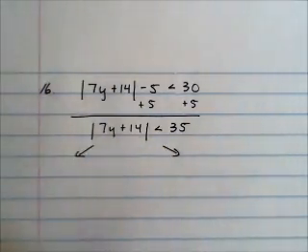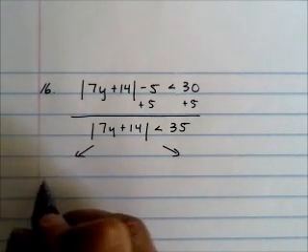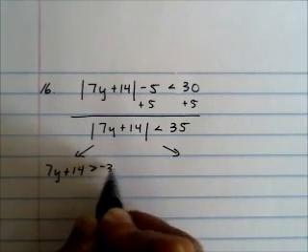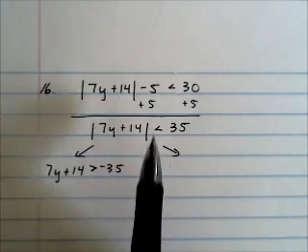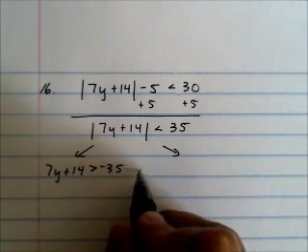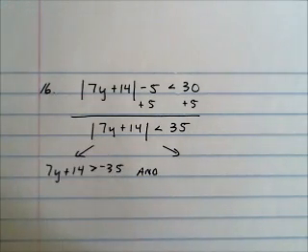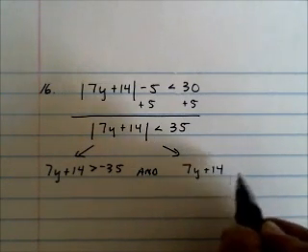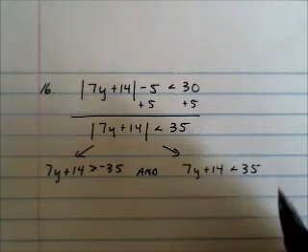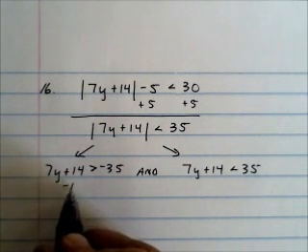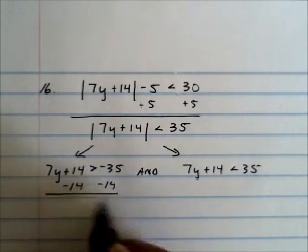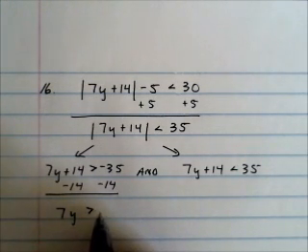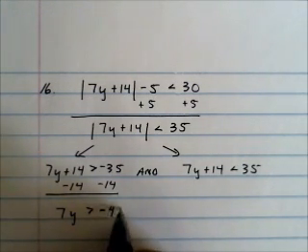Now split apart into the left arrow: 7y plus 14 is greater than negative 35. Our original inequality is a less than, so this would be "and", between our two arrows: 7y plus 14 is less than 35. Now solving individually, subtract 14 from both sides. 7y is greater than negative 49.